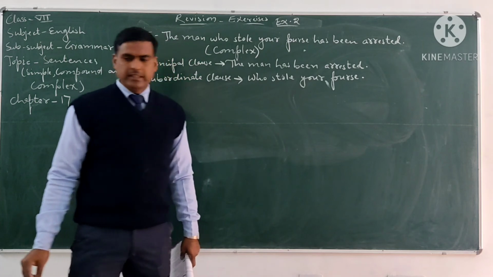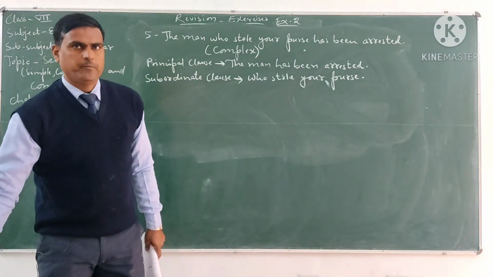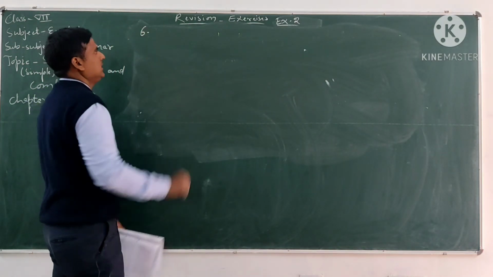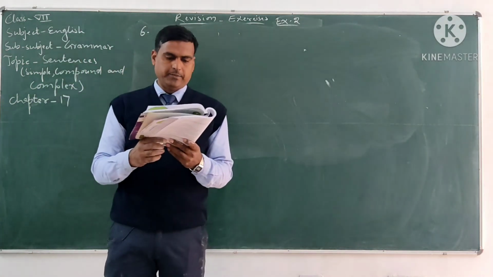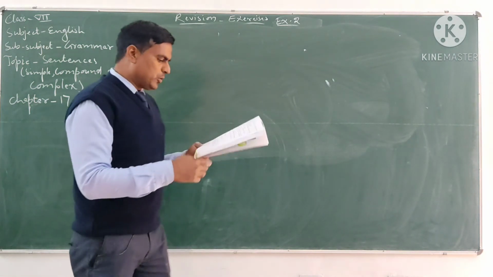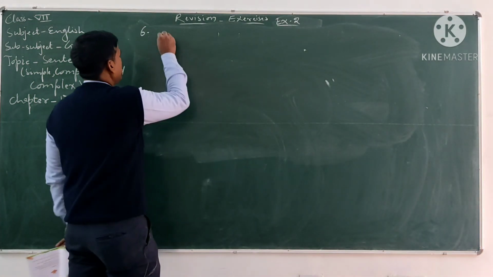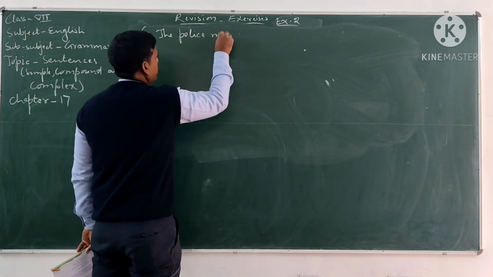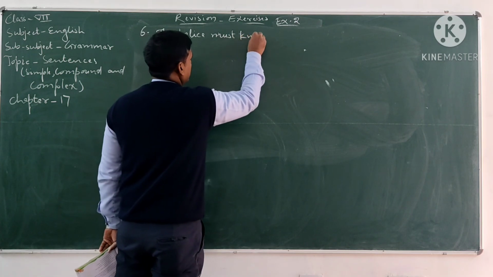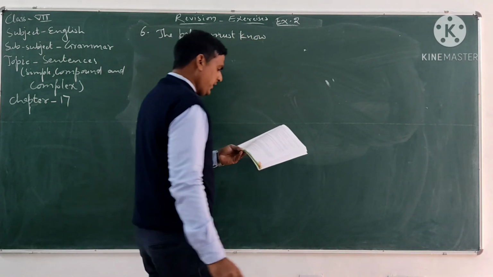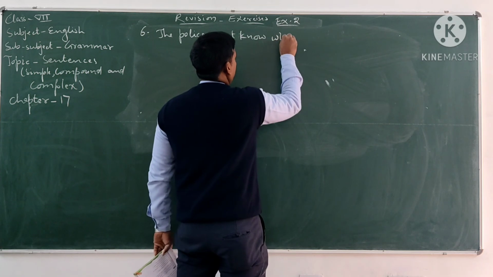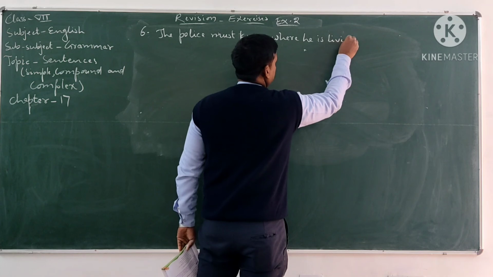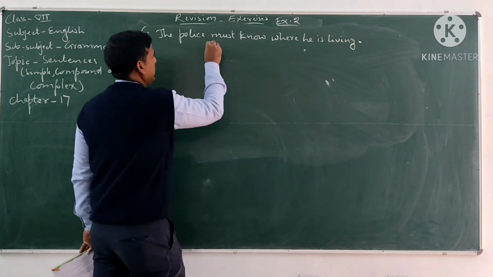So this is sentence number 5. Now let us see sentence number 6. This is the last sentence of this exercise. The police must know where he is living. This is a complex sentence.